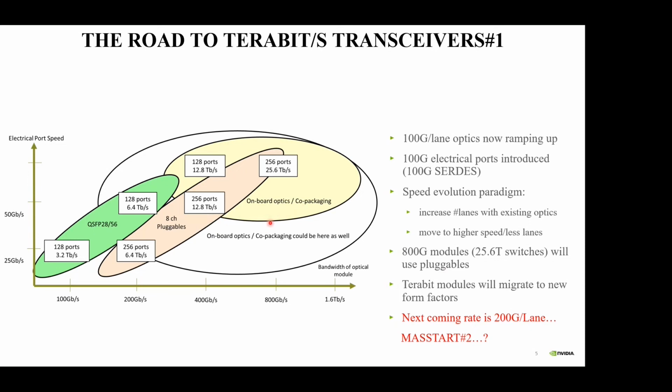And you will see another slide down the road that shows the transformation between the common pluggables, I mean the commercial form factors like QSFP-DD or OSFP based, and then how it transfers into onboard optics, and then the target is to reach full co-packaging that will actually replace the entire form factors and pluggables.